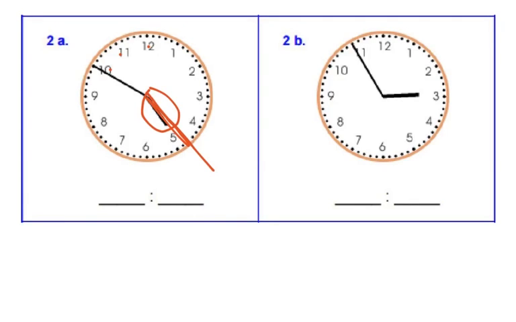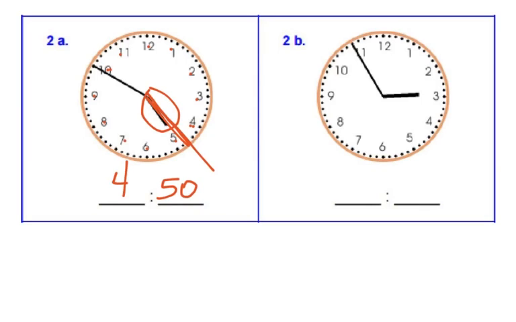It's still right before the 5. So it's 4, 5, 10, 15, 20, 25, 30, 35, 40, 45, 50. It is 4:50. And it's exactly on the dot for the 10. So that's why I don't have to do anything between 50 and 55. I just can say 4:50.